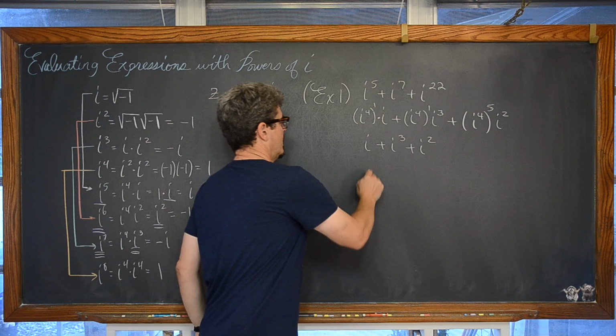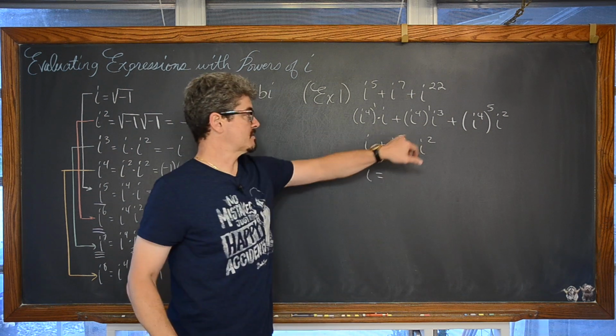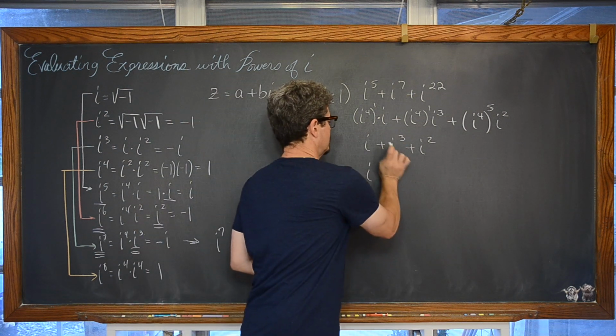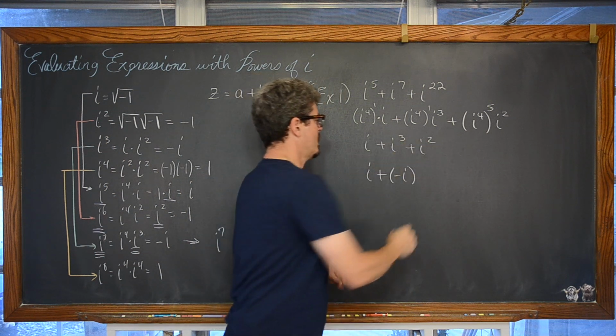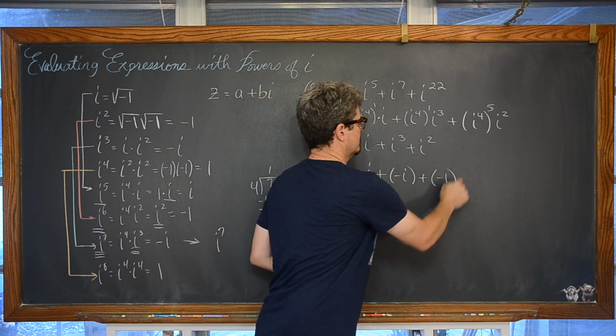But we have i to the 3rd is negative i, and then we have i squared, which is equal to negative 1.